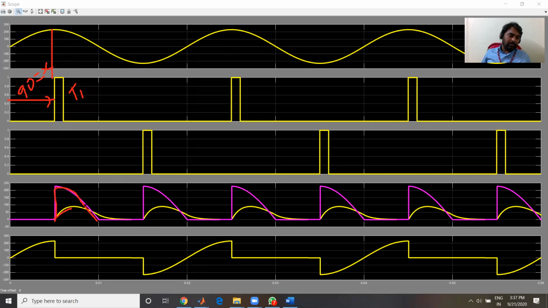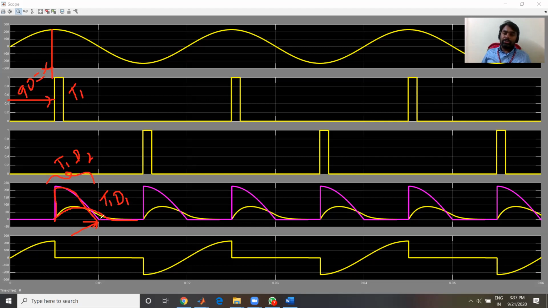Current is lagging the voltage by some angle, charging, discharging. So during this interval, you can see there is a current, but just after this omega t equal to pi, there is a current, but voltage is becoming zero. This is because during this positive portion, T1 and D2 will conduct and you will get some voltage across the load. But after omega t equal to pi, T1 is already in conduction state, and during this negative half cycle, D1, which is an uncontrolled device, is in forward bias condition, so it comes into conduction state, and there is a circulating current which is flowing through T1, D1, R load like this.